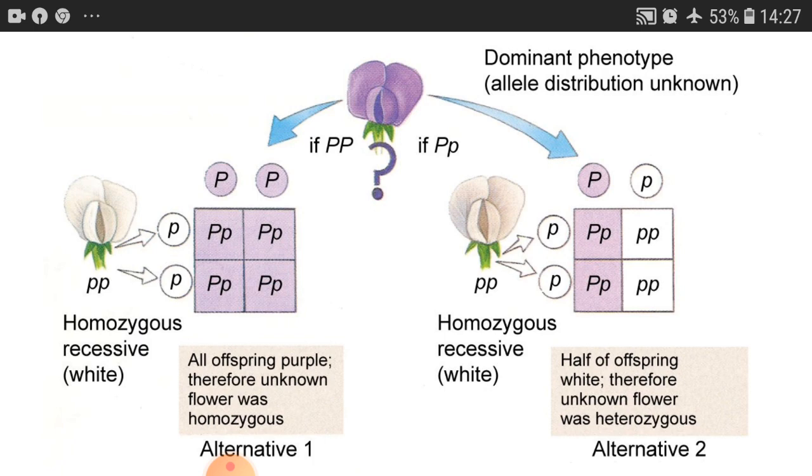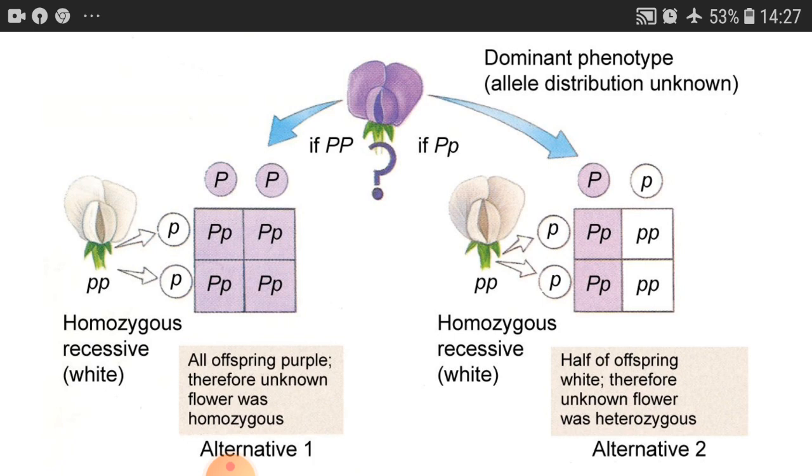So this shows the purpose of the test cross. Now what is the purpose? That is, we have to show whether the character in question, where the question mark is put, is homozygous dominant or heterozygous dominant.